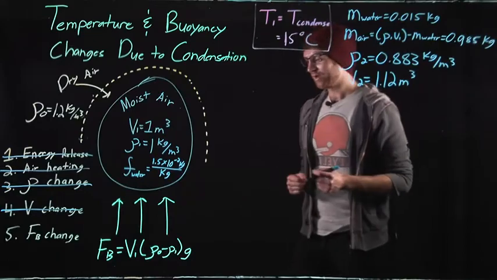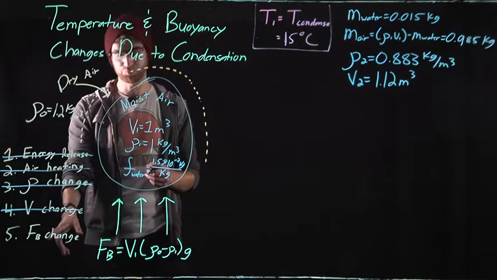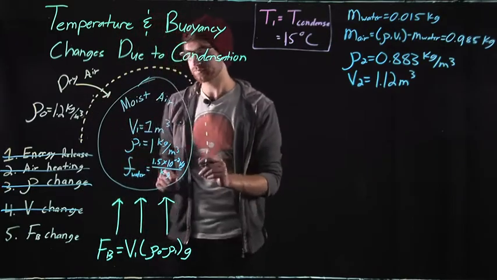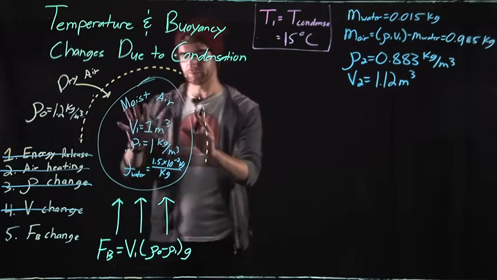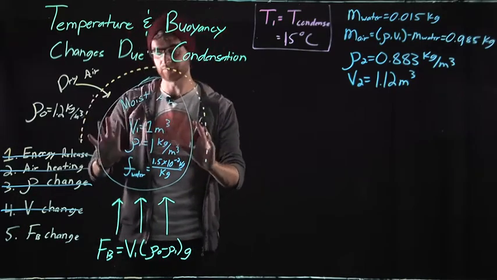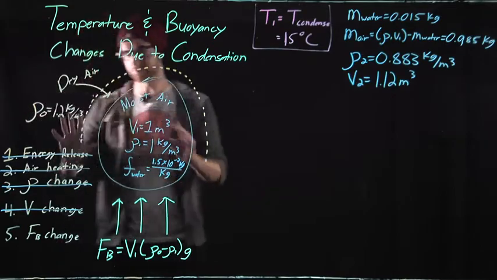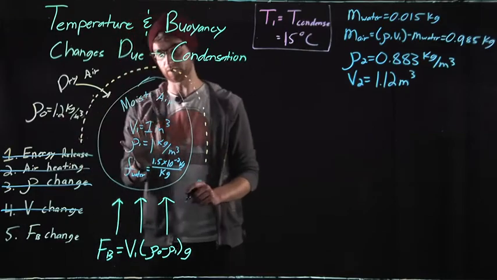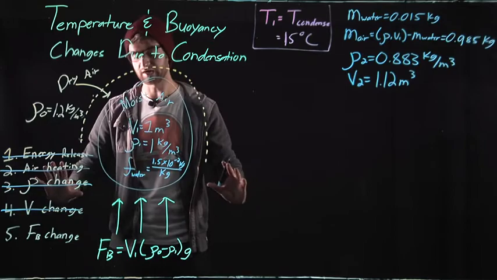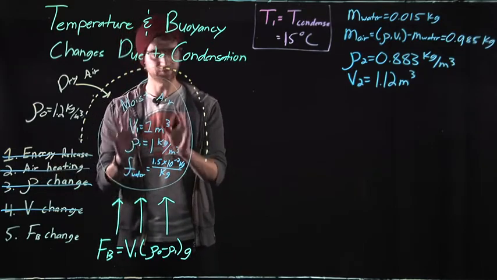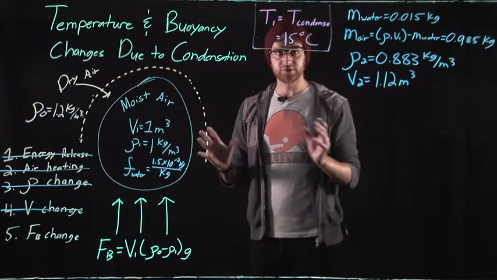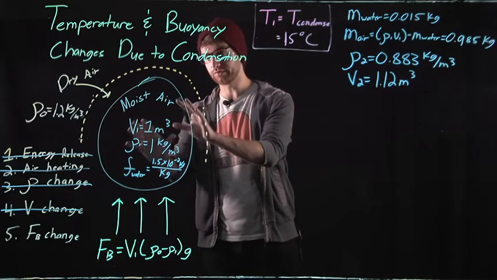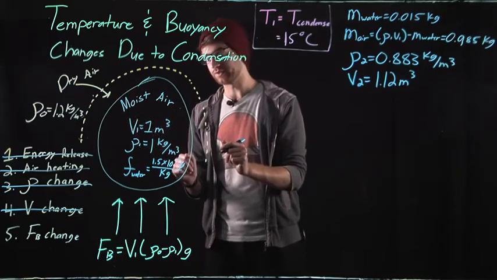So finally, we arrive here at our objective. The change in buoyant force that's enacted on this parcel of air due to condensation. All right, so remember, we have this moist air parcel and a surrounding dry air mass. And because there's a density differential between the dry air mass and the wet air mass, the dry air mass enacts a buoyant force onto this air parcel. Okay, so we're interested in figuring out how the buoyant force changes between before this moist air parcel condensed and after it condensed.